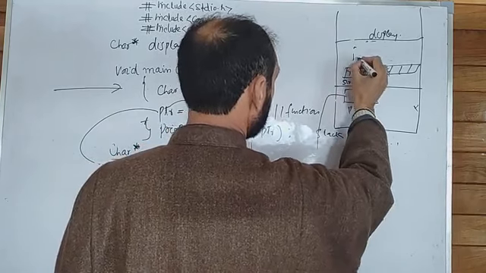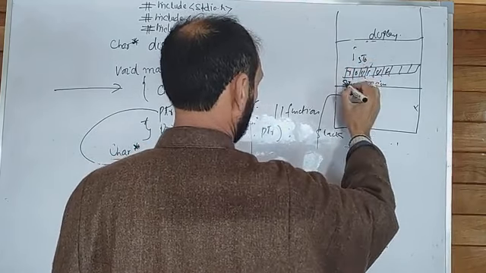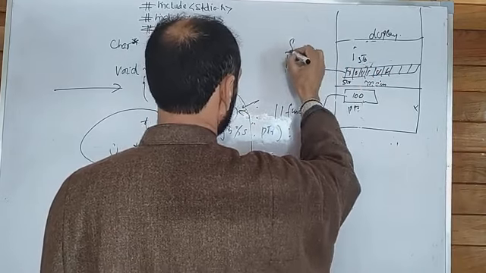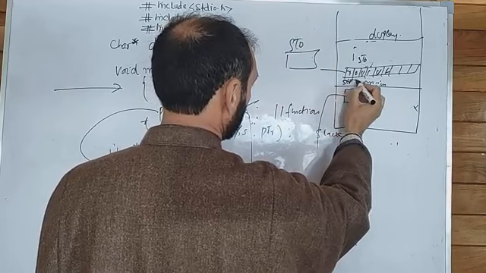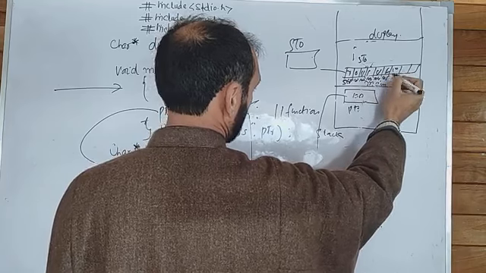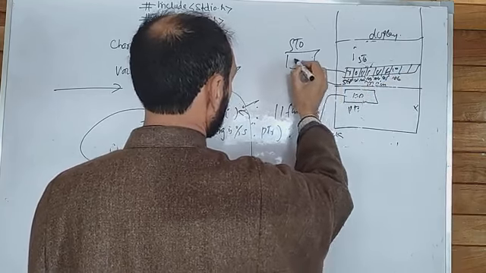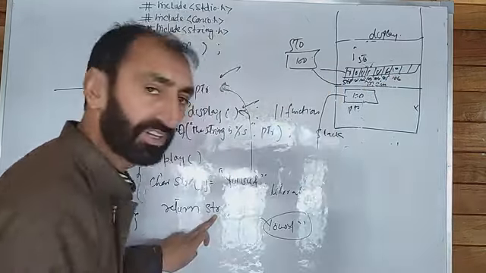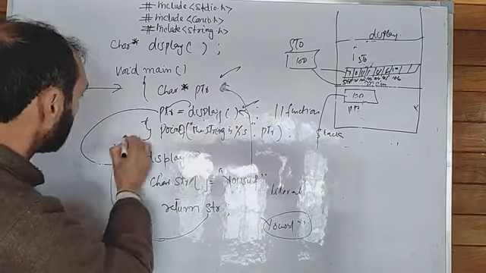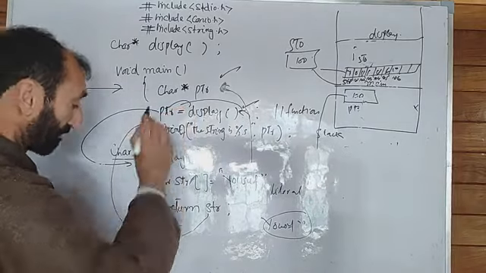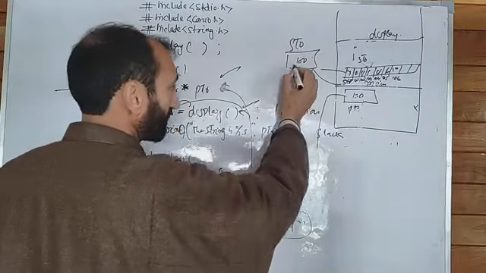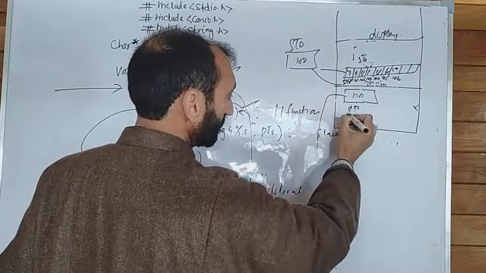Actually, what does this str contain? str contains the address of the first byte. For example 100, and the characters at 101, 102, 103, 104, 105 and the slash 0 at 106. It contains the address of the first byte, that is 100, and this is returned to the main function, where 100 is going to be stored in ptr.